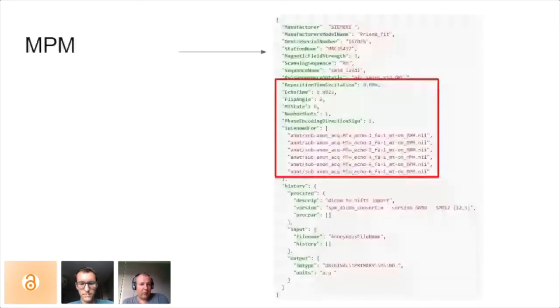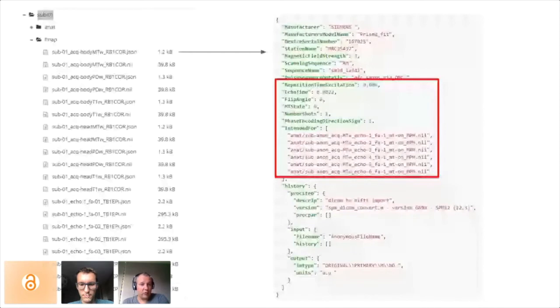Similarly, for all the B0 and B1 maps, you can group them together in the fmap folder, where you define these: RB1 would be the receiver B1, TB1 would be the transmission.